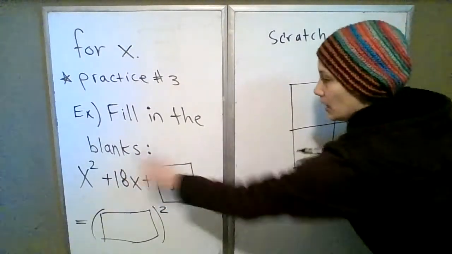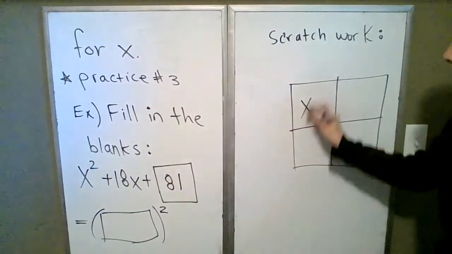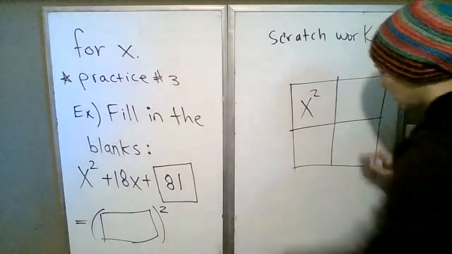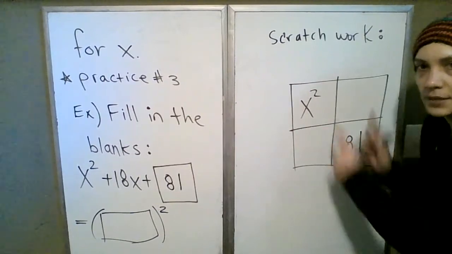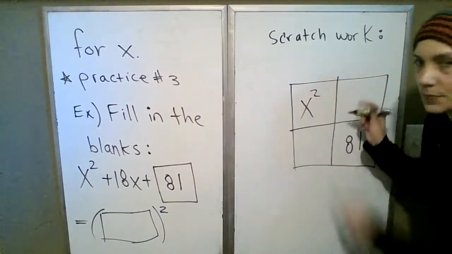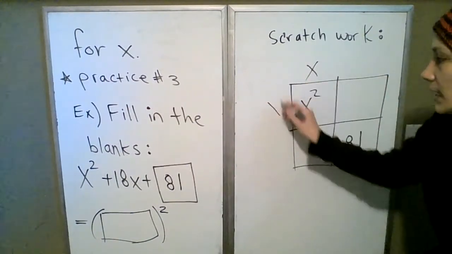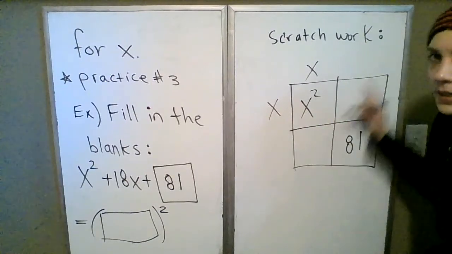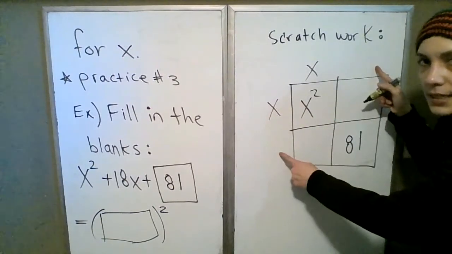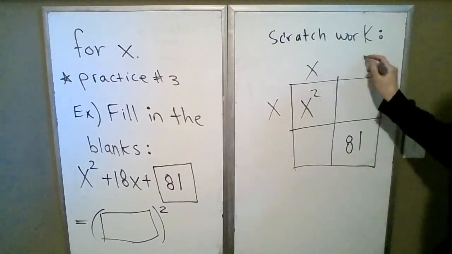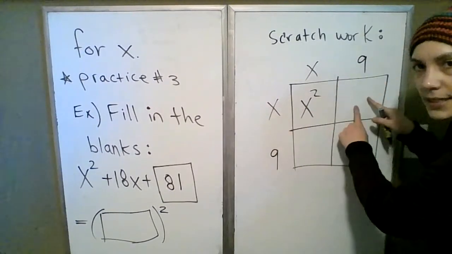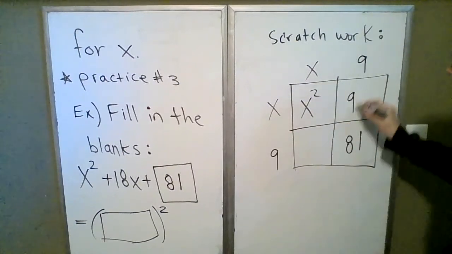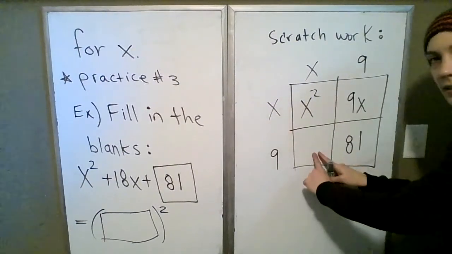So I'm going to put x squared in the top. And 81 over here. And then I start to find the sides. So x times x is x squared. And 9 times 9 is 81. This would give me 9x. Another 9x.